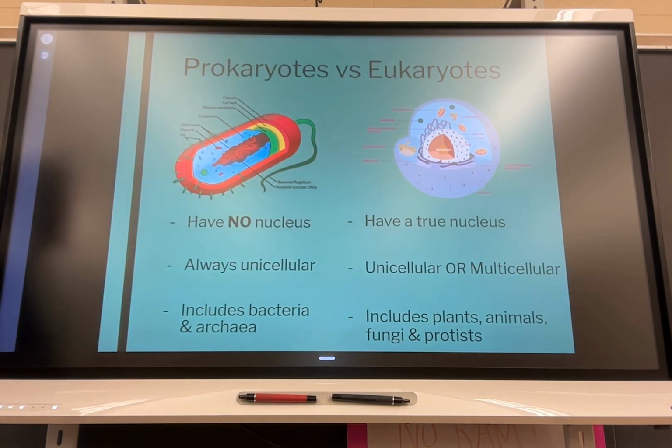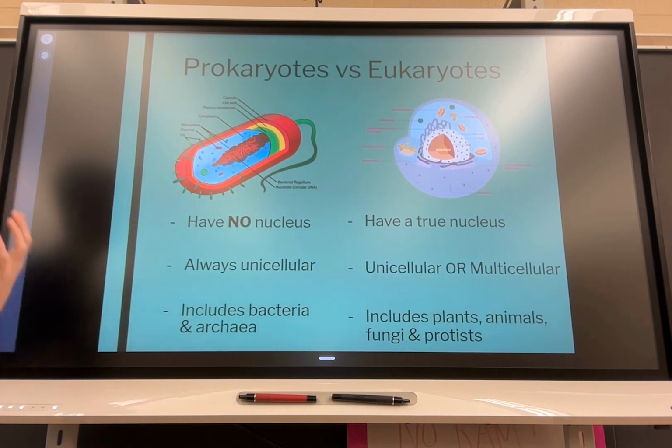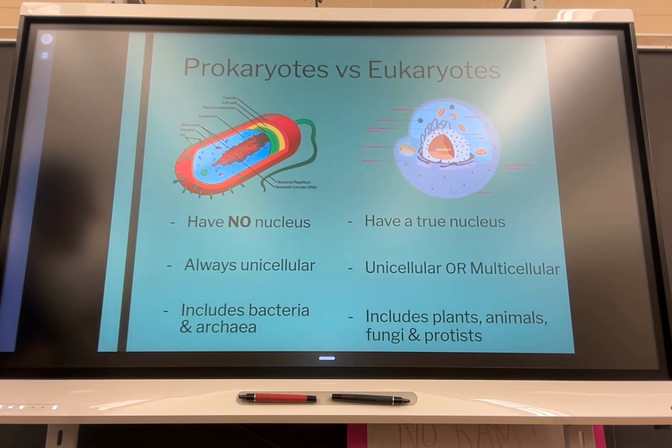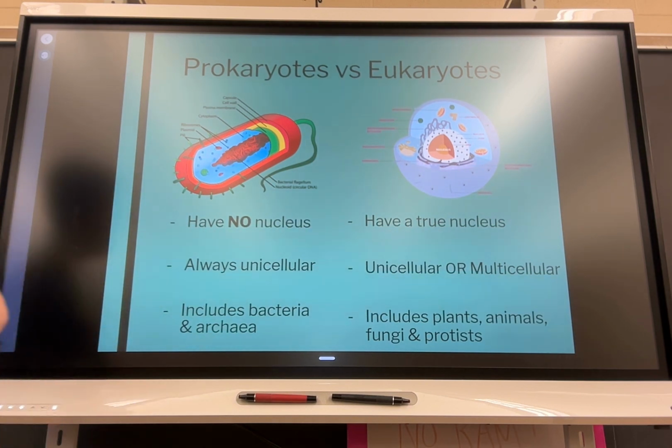So prokaryotes are things like bacteria and archaea that are very simple, very small, and are typically unicellular and have no nucleus. Now, what do I mean by nucleus? A nucleus is a capsule within the center-ish of the cell, and its job is to contain DNA. All of our genetic material is stored within that nucleus. So prokaryotes have no nucleus.